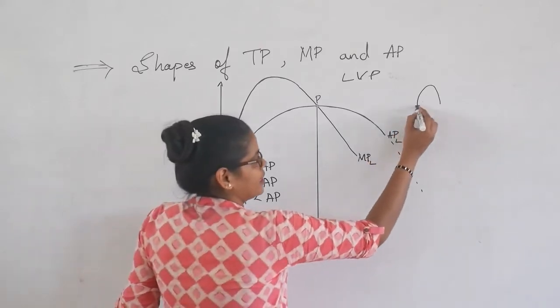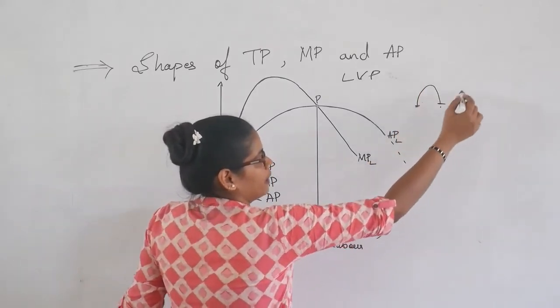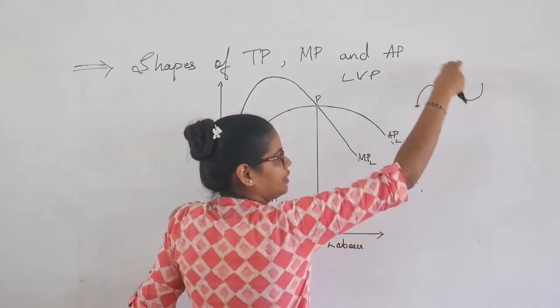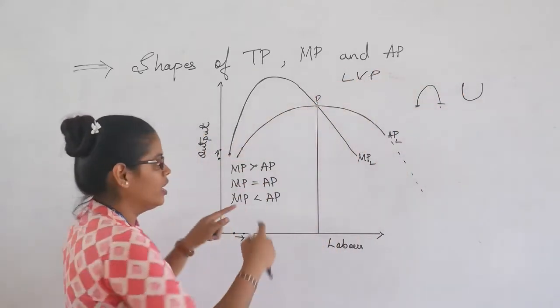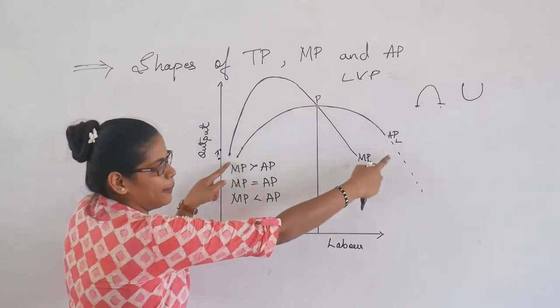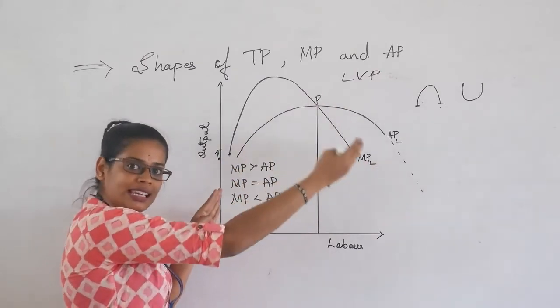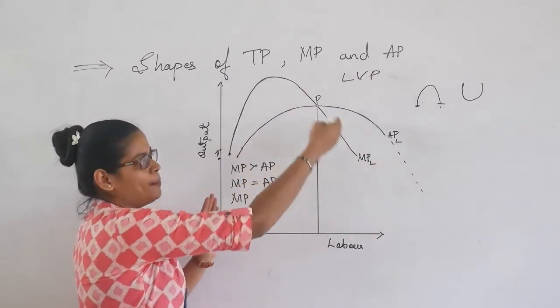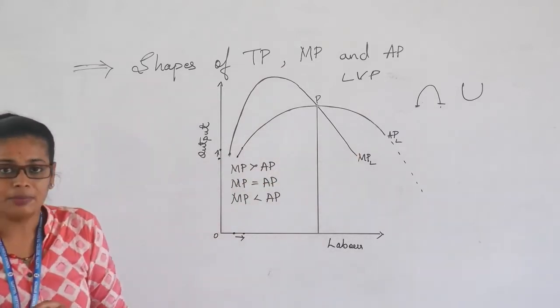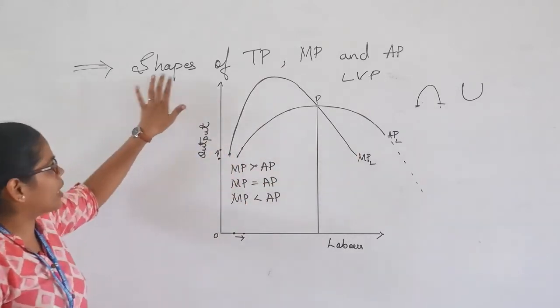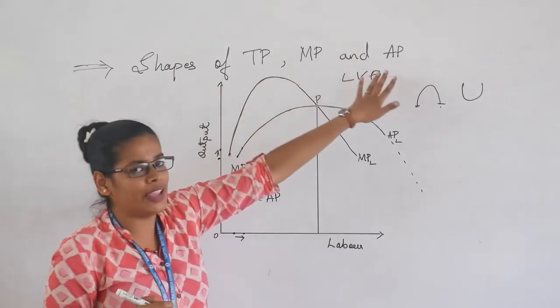Okay, this is inverse U-shape, this is U-shape, so we have reversed it. You can see that this AP curve is also inversely U-shaped, and MP is also inversely U-shaped. So that tells us about the shapes of total product, MP and the AP.